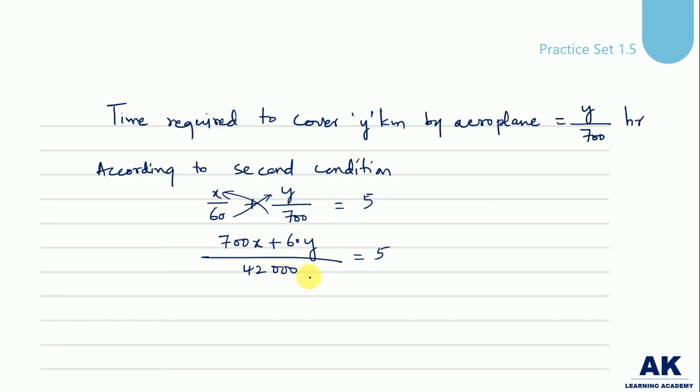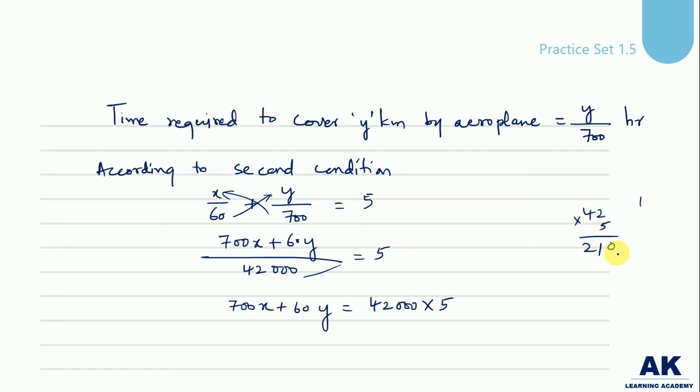Now let's multiply this 42,000 with 5, because 700x plus 60y is equal to 42,000 into 5, right? 42 into 5 is what? 5 twos are 10, left 1, 5 into 4 is 20, and 1 is 21, right?